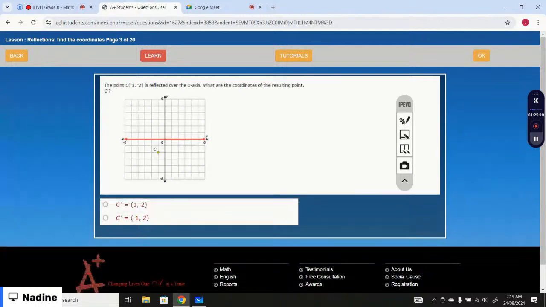Okay, the next one is the point C, negative 1, negative 2, is reflected over the x-axis. What are the coordinates of the resulting point? So which is the correct option?